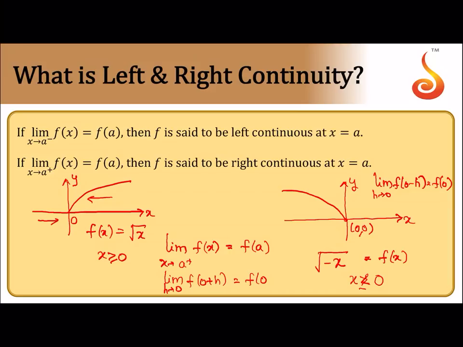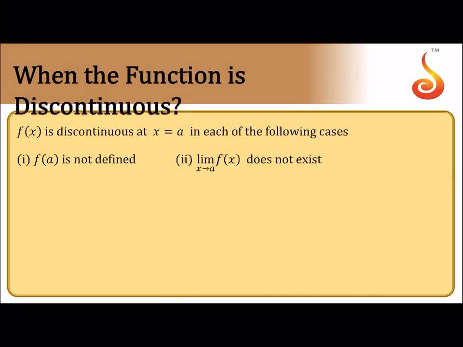Here on the right hand side there is no function defined. It's a very important chapter. If you understand continuity and differentiability, then it's very easy to understand the further calculus chapters. So you must concentrate more, understand, and post your doubts. Definitely we'll clarify them.